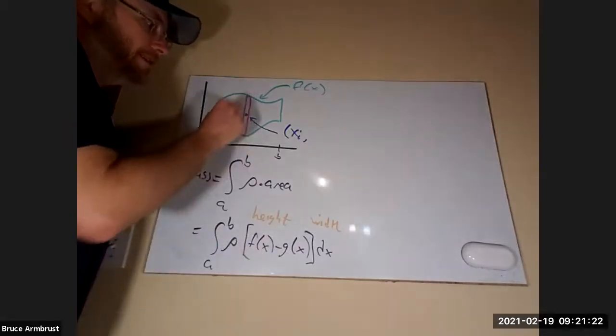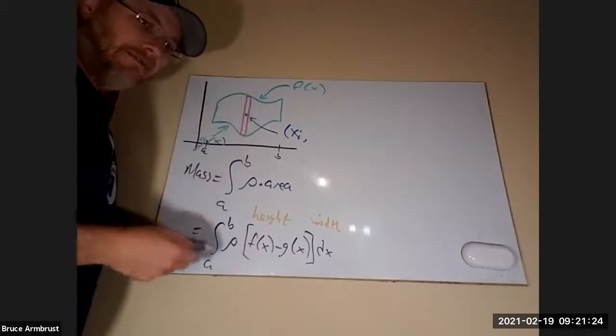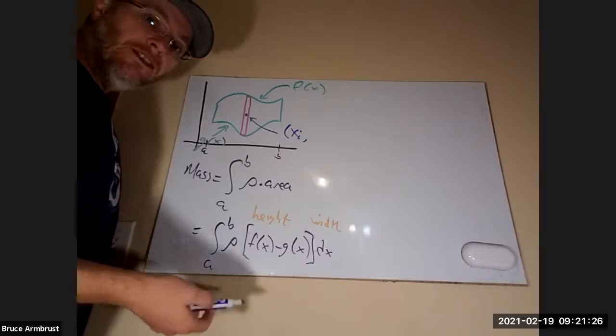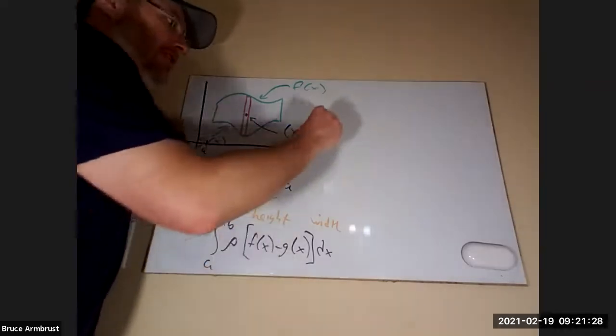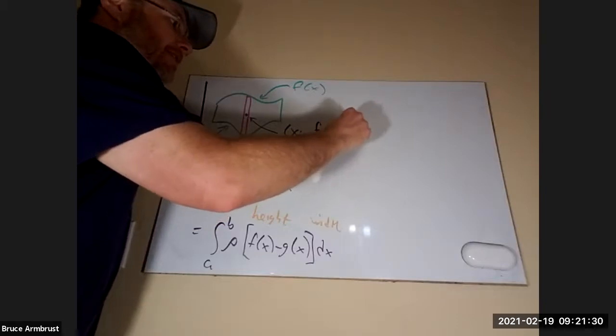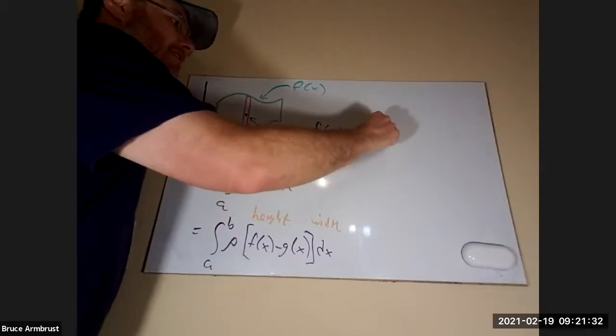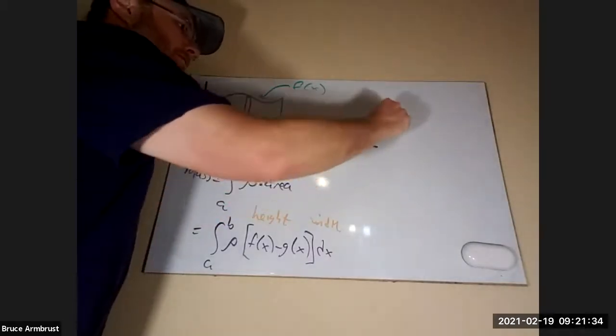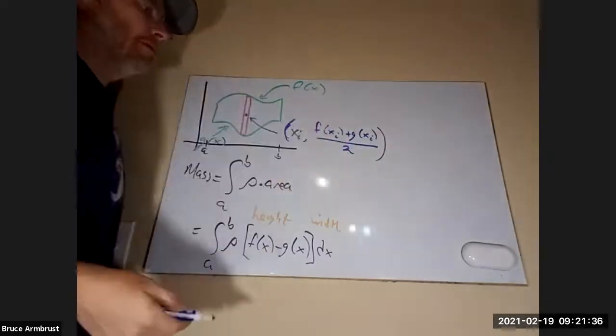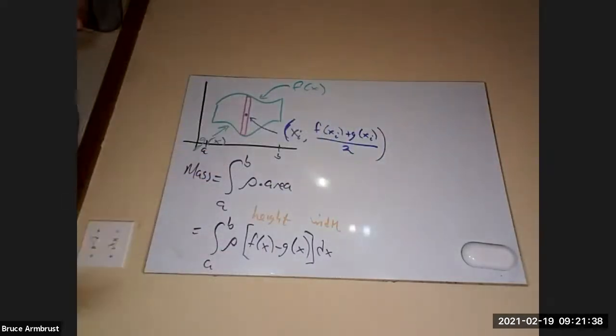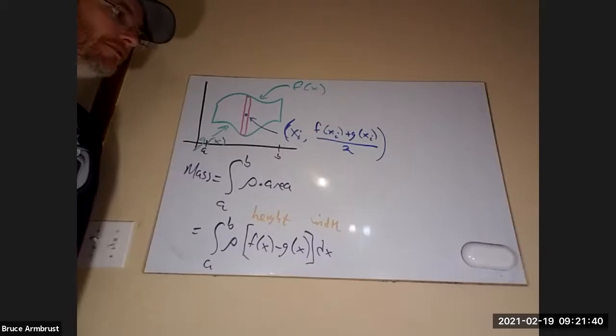But now we need the point that's exactly halfway in between f and g. So that's the average, and that ends up being f of xi plus g of xi over 2. So that's the y coordinate of that point.